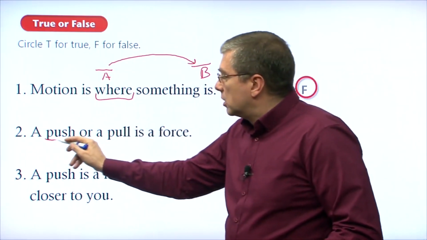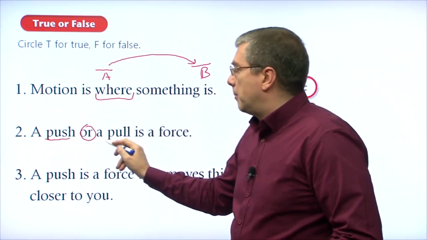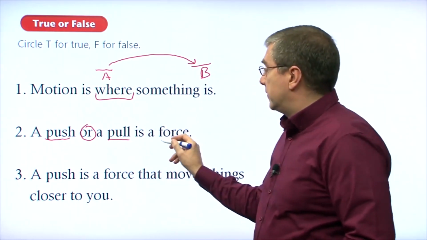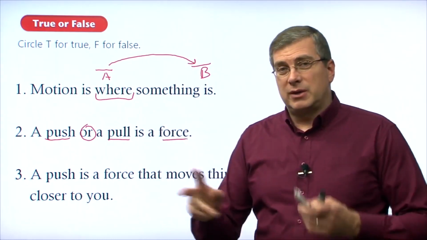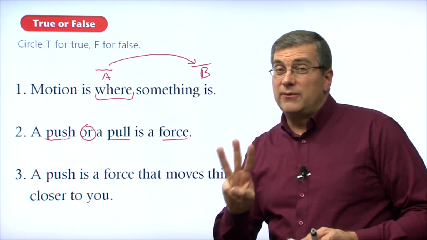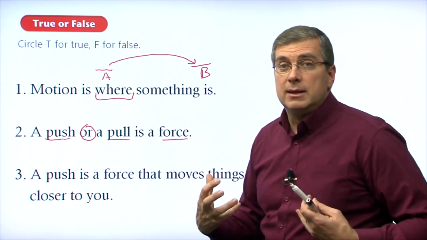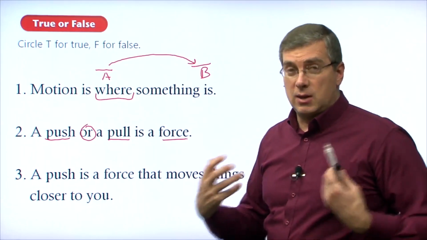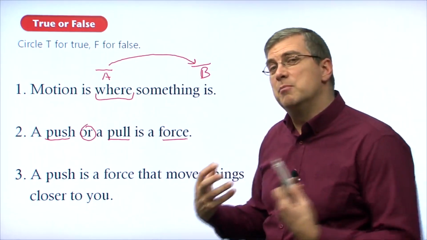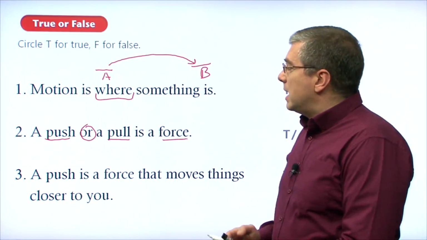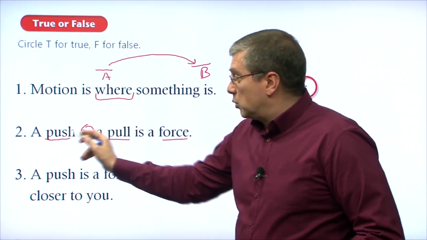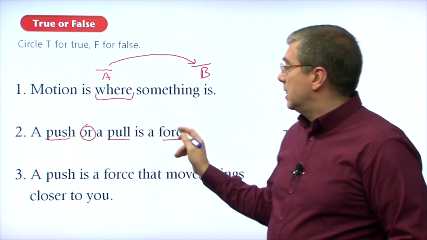Number two, a push or a pull is a force. Remember, we talked about two main forces. Of course, there are three forces we're talking about, but the two forces that we can use with our bodies, the forces that we can make with our bodies, we can push something, we can pull something.